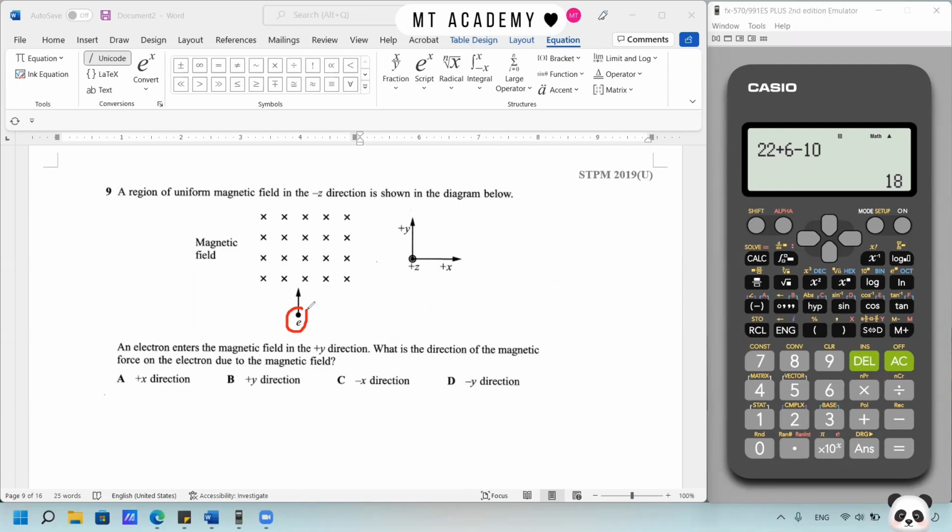So use your left hand and you should get the direction as left, but you need to reverse, which is to the right. This is what happens when you deal with electron cases or the negative charge cases. So the direction is positive X according to the graph.